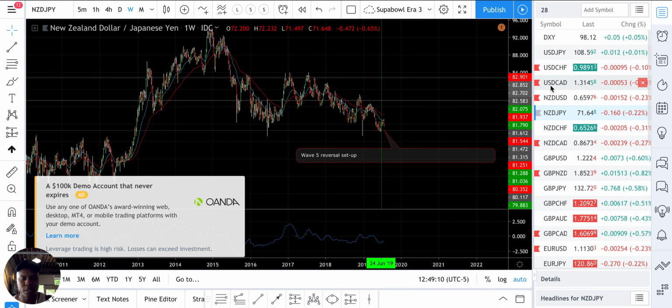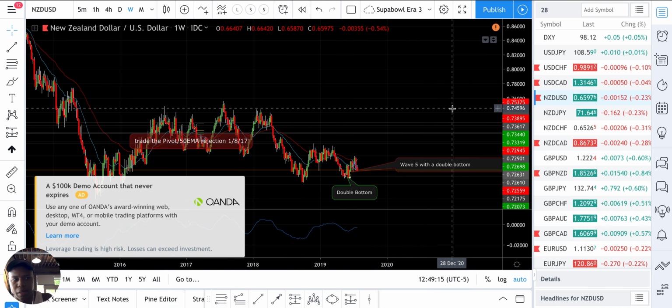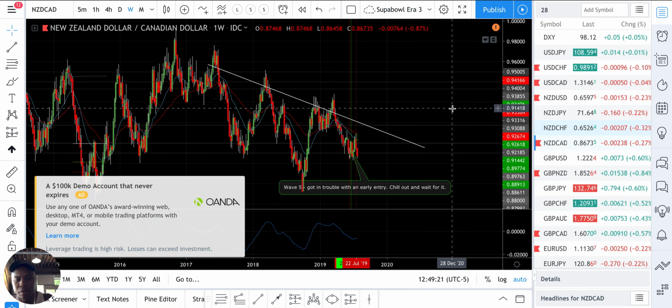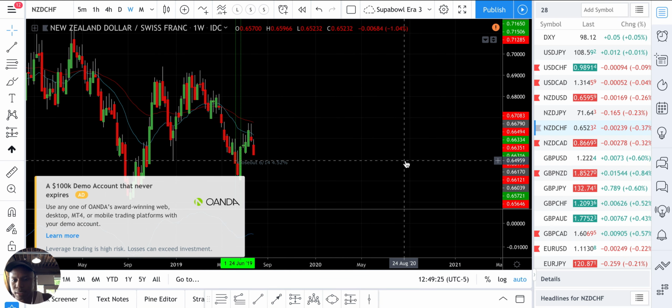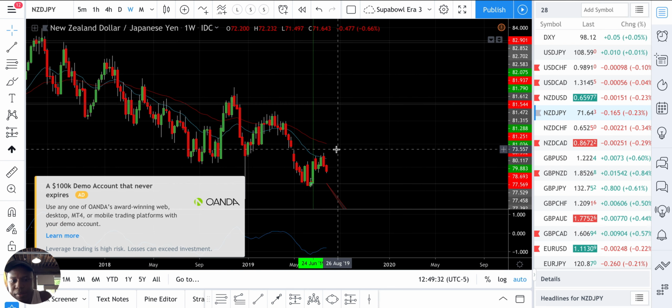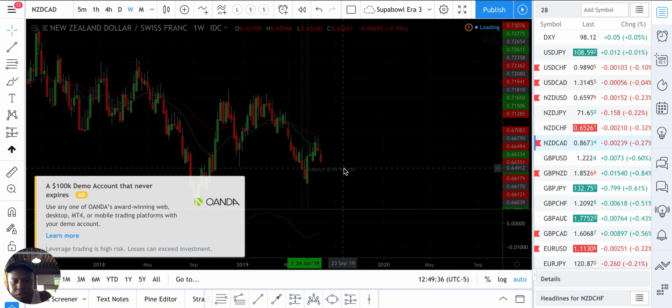Now, if I look at the weeklies, I'm going to guess that I'm going to see kind of the same situation, kind of leaning towards going higher more than going lower. And I think that's fair to say. This does look like, except for this one, NZD CHF actually looks like it's about to bounce lower. Okay, JPY looks like it might bounce off of the 20 EMA as well.